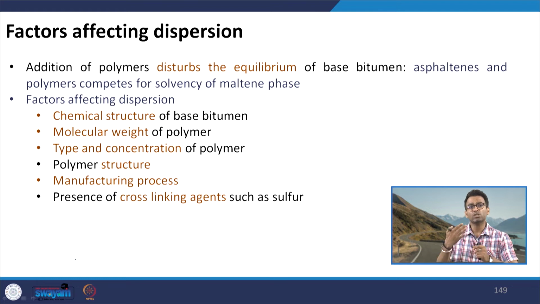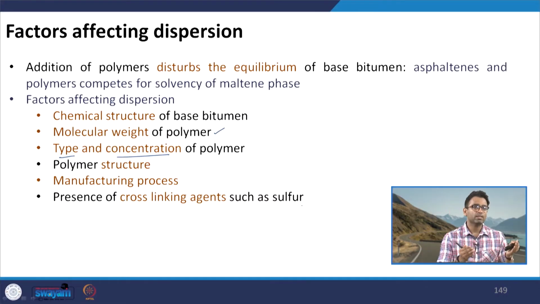So, depending on the structure, the same type of polymer can have different molecular weights also. Now, the higher the molecular weight of the polymer, of course the higher the viscosity of the final bitumen which we are going to produce, but the more difficult it will be to achieve a proper dispersion of the polymer within the bitumen system. So, the molecular weight of the polymer also dictates the extent of dispersion which will occur.